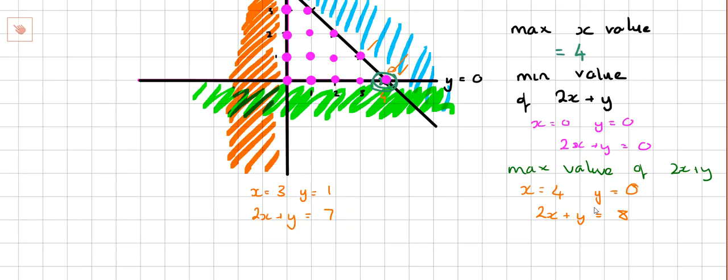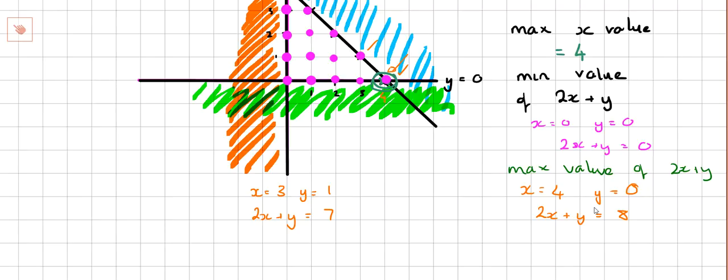So you've got 2 things to do now. One is make sure you're happy with finding the regions. What I would do actually, even if you are happy, have a look at question 5 as well. Just see whether you can do that as well, because that's drawing the inequalities from the graph. It's doing the reverse. If you're happy with that, move on to the next page, which is the integer points in the region.